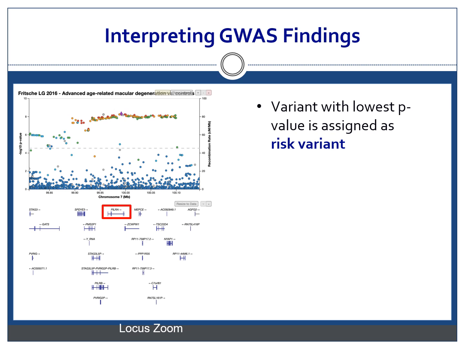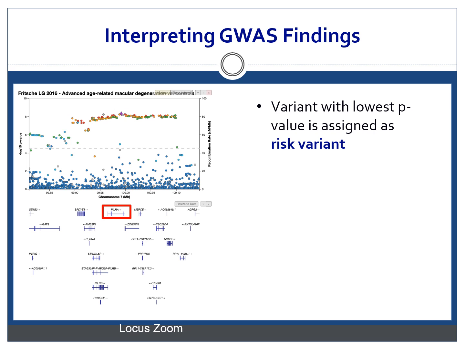However, the interpretation of GWAS findings is not always straightforward. Let's take the example of this locus, PILRA, for AMD. What you are looking at here is the LocusZoom. The x-axis shows the genomic location, and the y-axis shows the log10 p-value. Since we are testing millions of SNPs, a genome-wide threshold needs to be applied, which comes down to 5 times 10 to the minus 8.